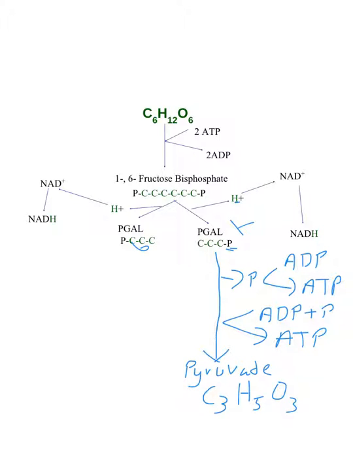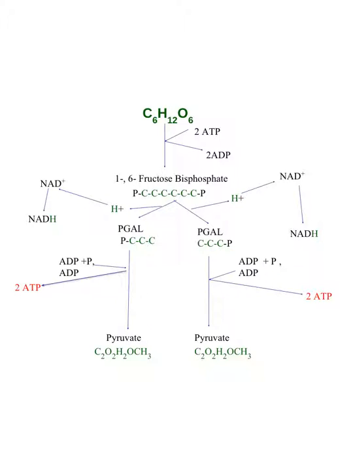So what we eventually end up with is something like this, all cleaned up. A couple things worthy of note. Once again, if we're looking at what we have left over from the original glucose, this pyruvate has 3 carbons, 5 hydrogens, 3 oxygens.